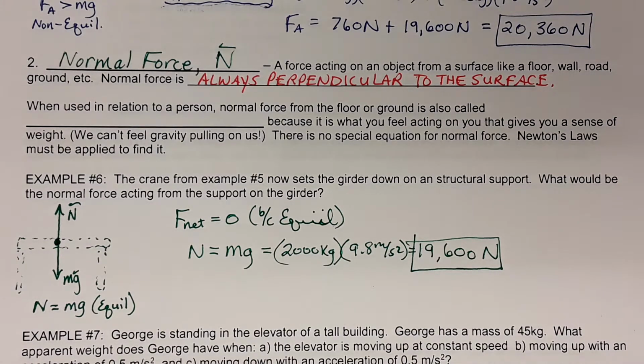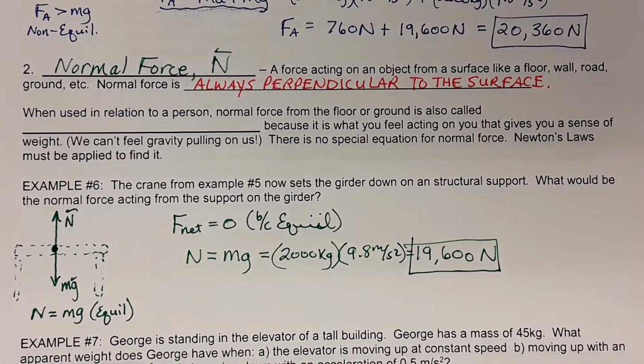Good morning, everybody. Today we're going to finish looking at normal force. An important idea about normal force that we have not yet talked about is the fact that normal force actually also goes by another name when in relation to a person.